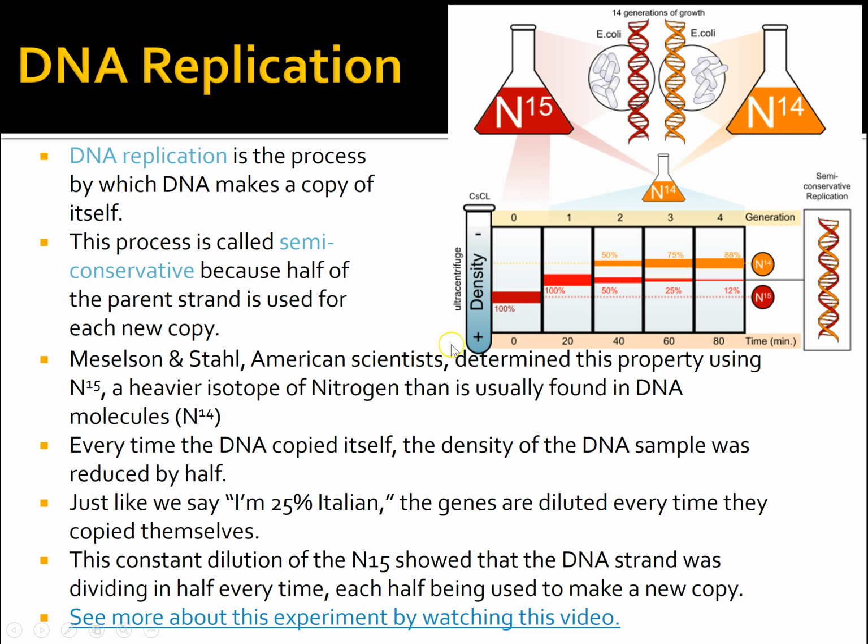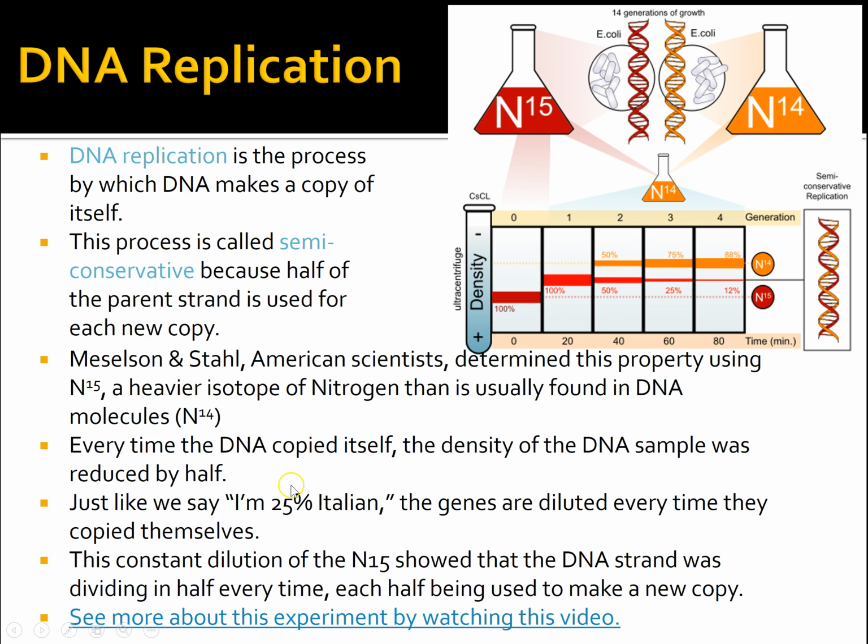And then, as the DNA copied itself, they noticed that more and more of the bases did not have that marker in it. And that's how they could tell that the N15, that heavy isotope, was being reduced by half every time. The density was being reduced by half every time.